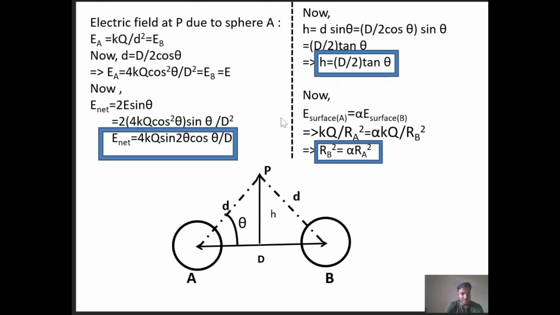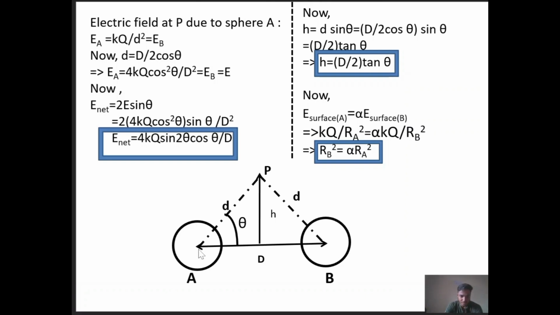So let's see. The electric field at point P due to sphere A can be given simply as kq by d square, which will also be equal to EB. Why? Because the charges on both the spheres are equal, and this point P is equidistant from the center of both the spheres. So simply we can write EA equal to EB equal to kq by d square.